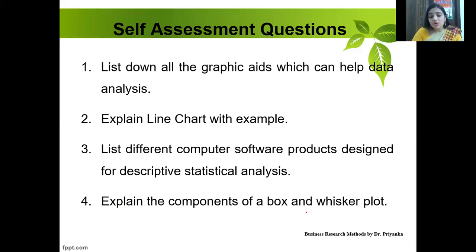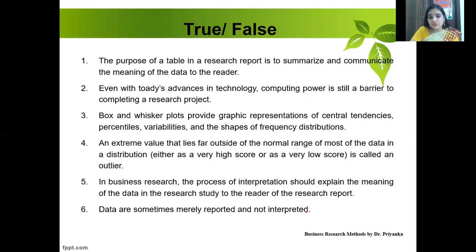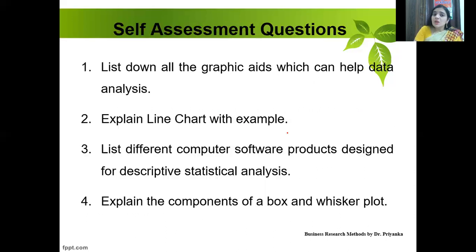Box and whisker plots provide graphic representation of central tendencies, like we just had a question in our true false like this. Provide graphic representation of central tendencies, percentiles, variabilities, and the shapes of frequency distributions. You mention the definition, and then with the help of a diagram, you explain all the components of box and whisker plot. That's it. Thank you.